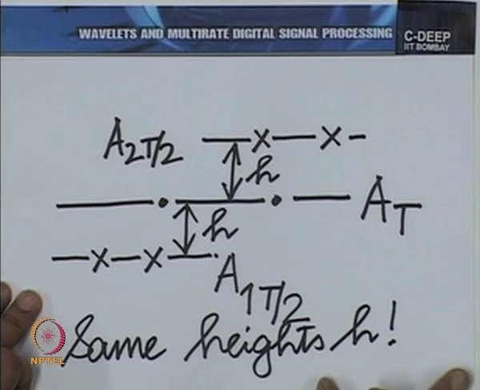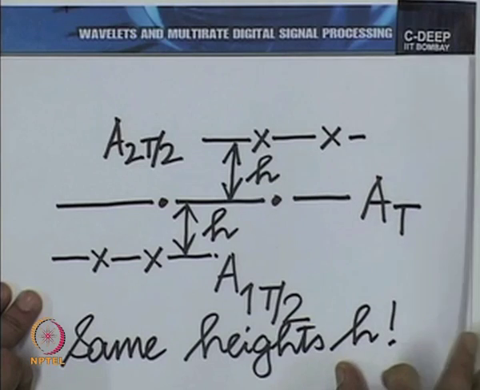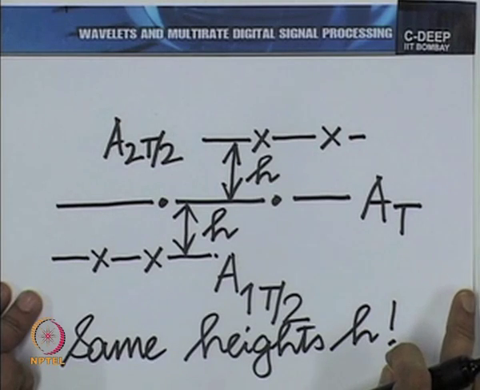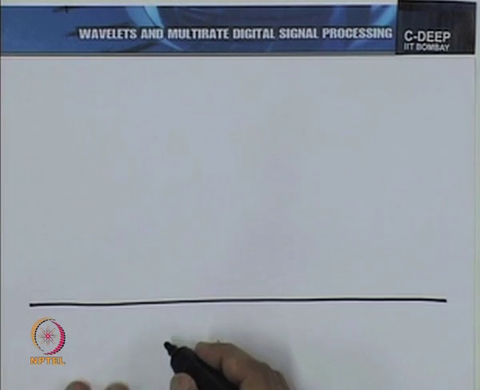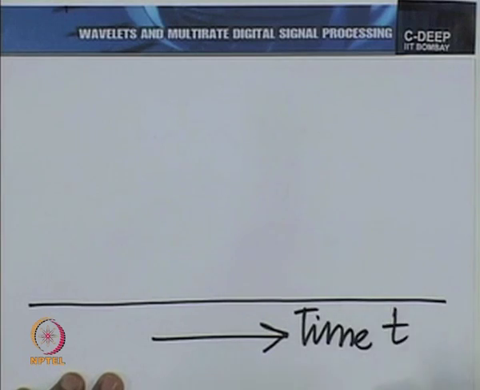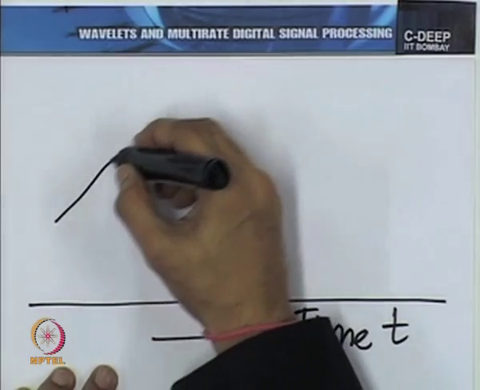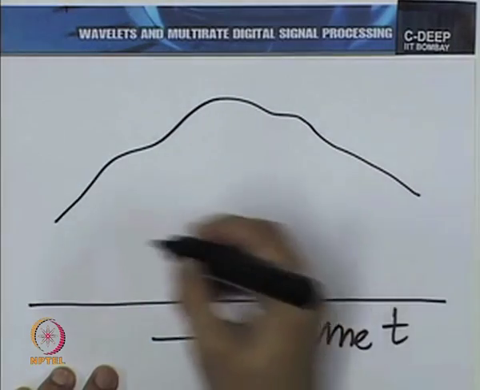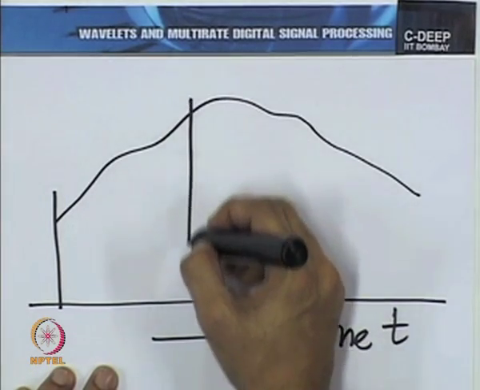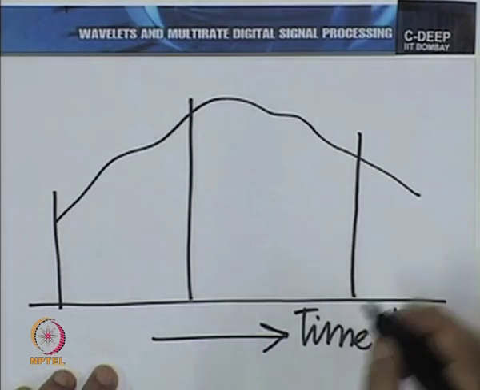Now, another way of saying it is, if I were to make a piecewise constant approximation on intervals of size t, how would they look? So, let me just sketch them. I take this function once again here. I have divided it into intervals of size t. Let me show just two intervals for the moment.